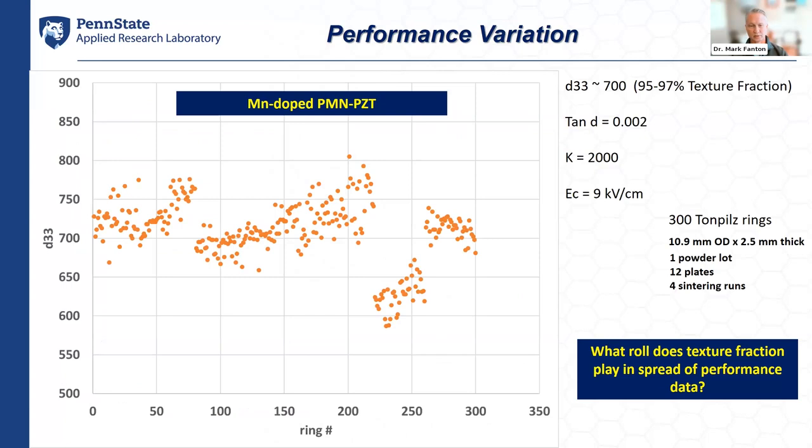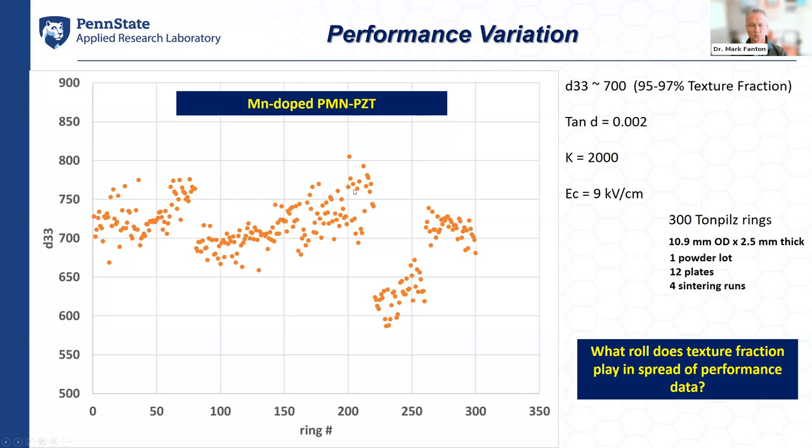And you can see some variability in displacement coefficient amongst different groups of tiles that were used to make these rings. So each one of the 3 large groupings that you see in this diagram were different trips through our sintering furnace. And so the question becomes, what role is texture fraction playing in the spread of this performance data?